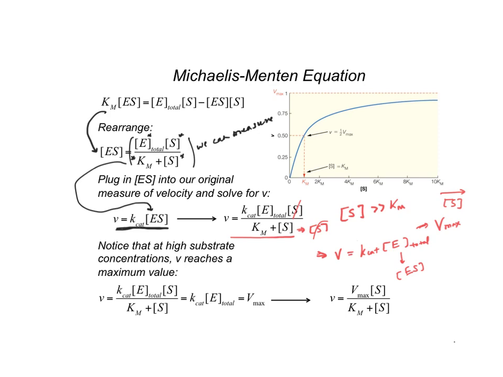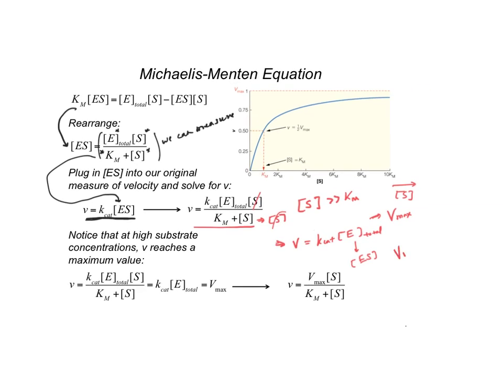So now we have Vmax is equal to this Kcat times this total enzyme concentration. And we will note that that Kcat times total enzyme concentration is in this equation. So we're going to utilize Vmax and substitute that in for that part of our little Michaelis-Menten equation.